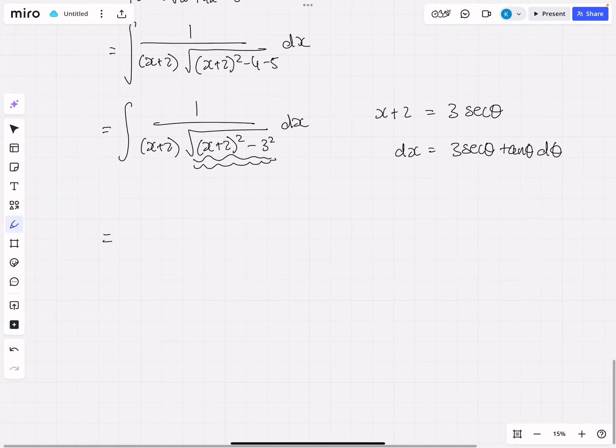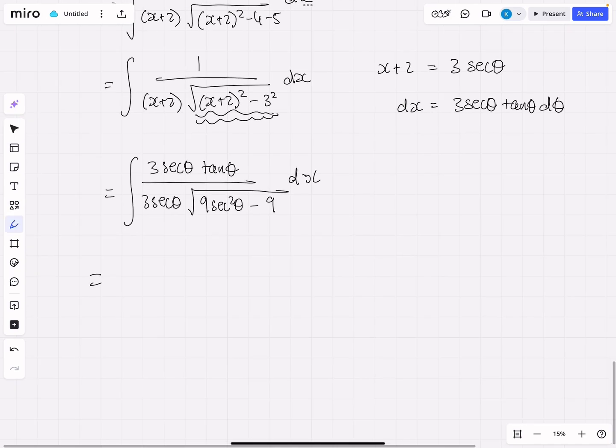So let's get straight into it. We're going to have the integral of sec theta tan theta, don't forget our 3 here, all over, now what was our x plus 2? 3 sec theta. So we're going to have 3 sec theta multiplied by the square root of, now our x plus 2 squared is going to be 9 sec squared theta minus 9 dx.